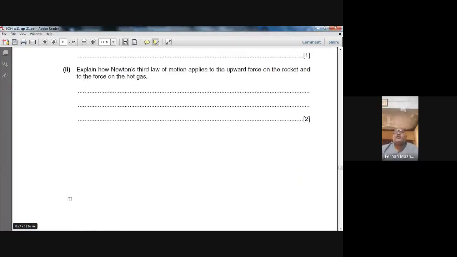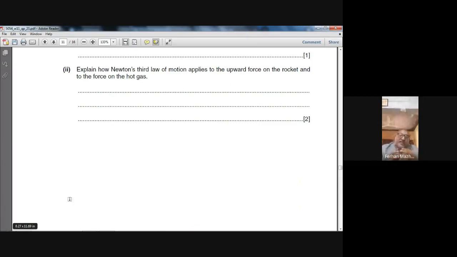Explain how Newton's third law of motion applies to the upward force on the rocket and to the force on the hot gases. You see, when the hot gases are produced in the rocket, the rocket applies force on those hot gases, and that's the action, and the hot gases will apply force on the rocket, and this is the reaction.